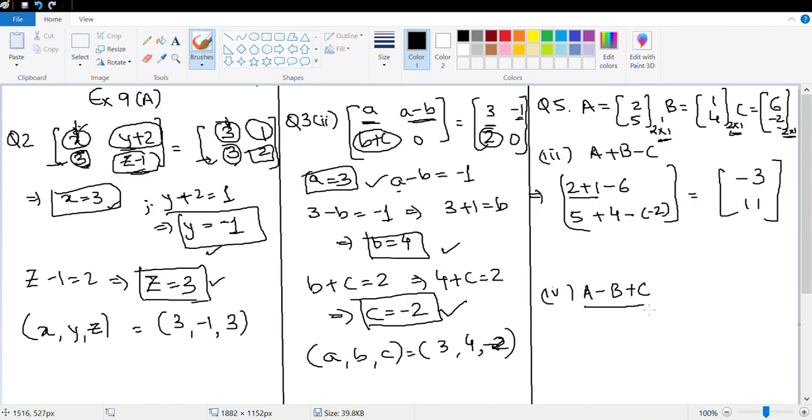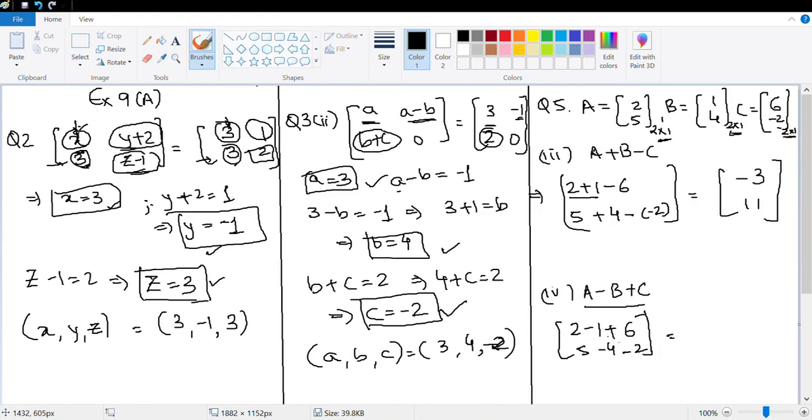Let's look at question number 5, part 4. So it's a minus b plus c. So I have a, which is 2, minus b is 1, plus c is 6. 5 minus b is 4, and plus c is minus 2 because value of c row 2 column 1 is -2.